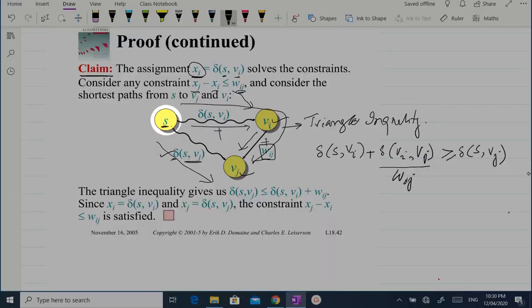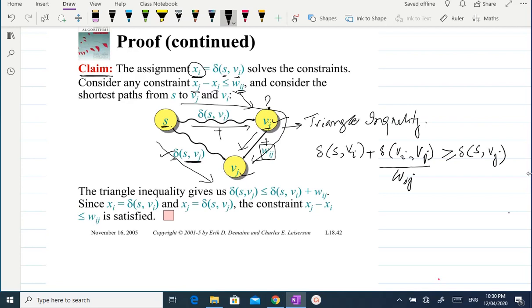This is your starting node and this is your ending node, so whatever is the value over here is the shortest path between s to vi. And if you remember, while defining our constraint graph, the value which is stored on the vith node is xi, and similarly the shortest path between s to vj means the value on vj will be xj. So by just plugging in the values, you can see this is xi and this is xj.